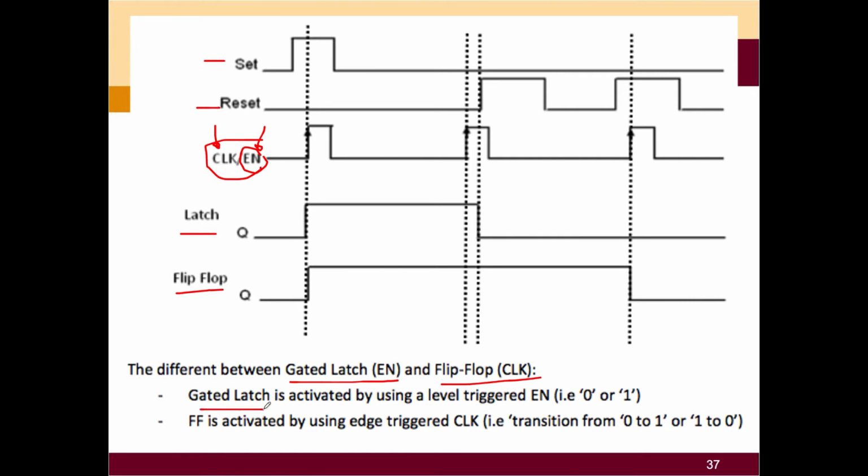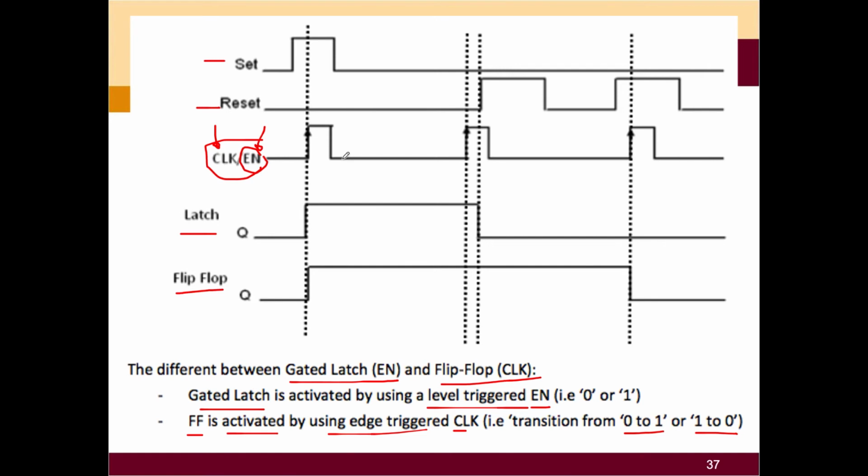The gated latch is activated by using a level trigger input. But the FF, which is the flip-flop, is activated by using an edge trigger clock. There are two conditions, which we already looked into: transition from 0 to 1 or 1 to 0, or from low to high or high to low, isn't it?